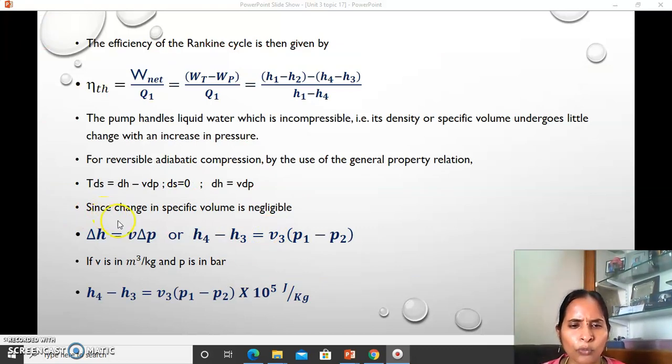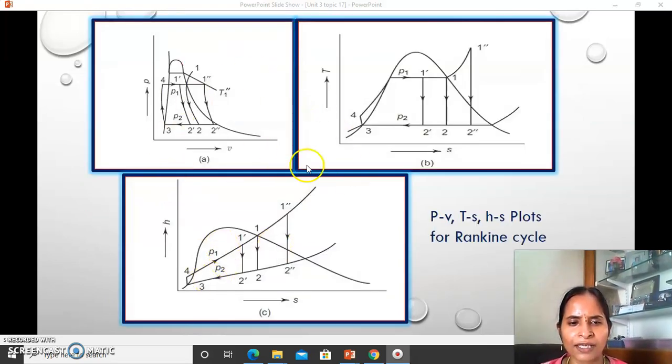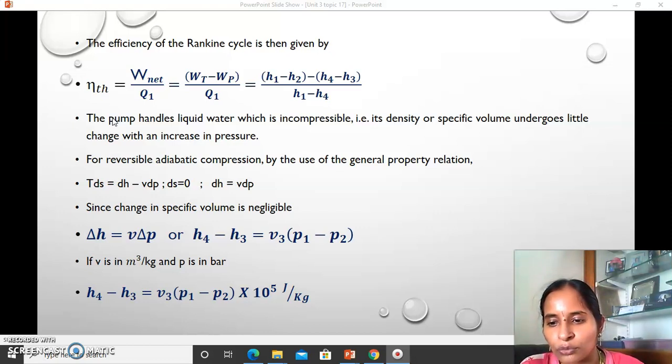Next, the purpose of finding Q1, WT, Q2, WP and drawing the PVT sketches is to find the thermal efficiency of the Rankine cycle. That is, how efficiently the steam produced by supplying heat by burning coal is converted to useful work, either as electrical energy or in some other form.